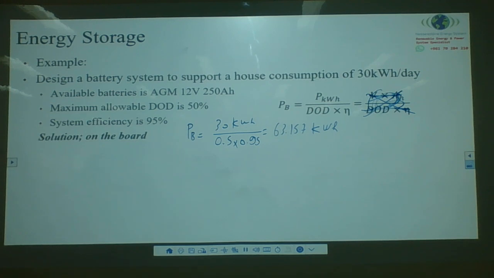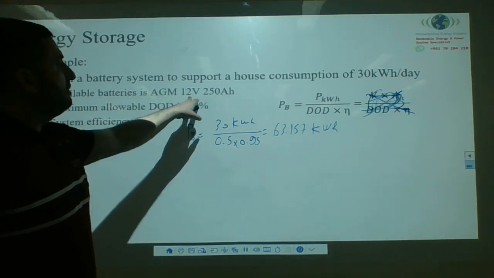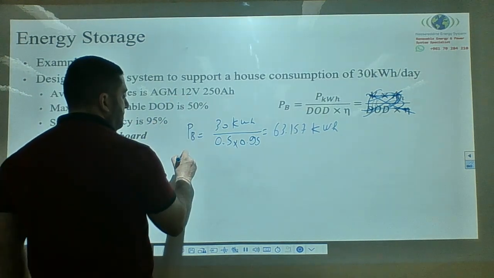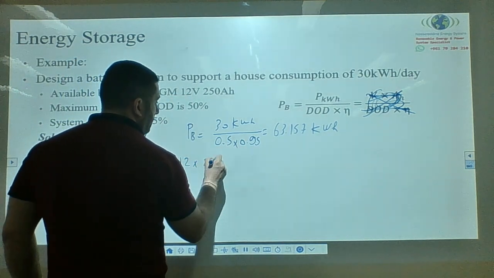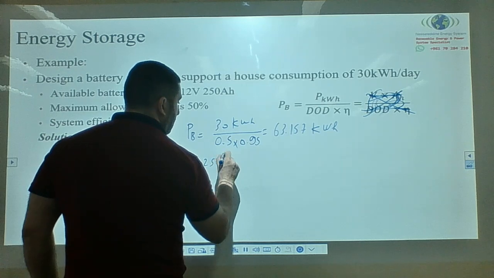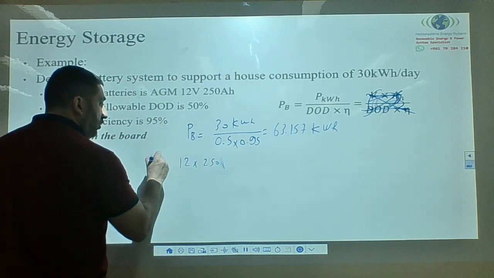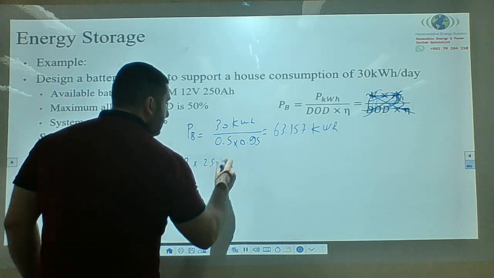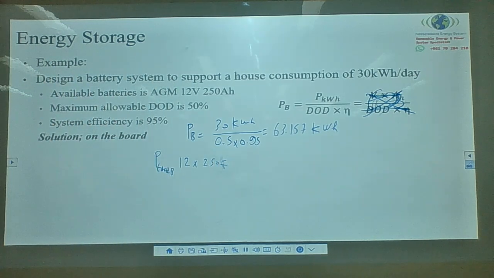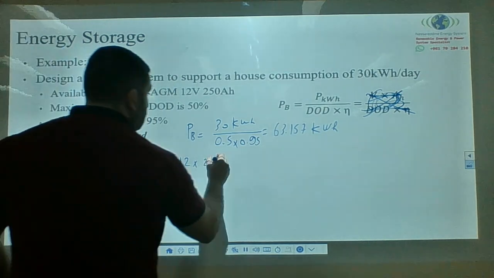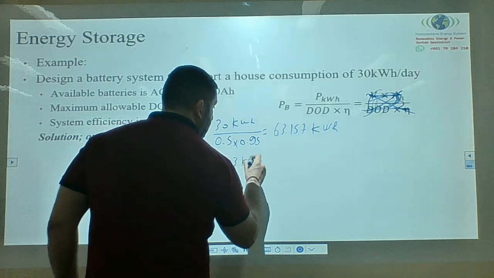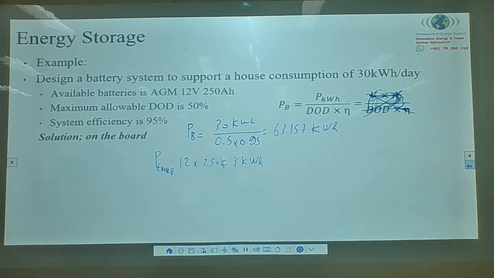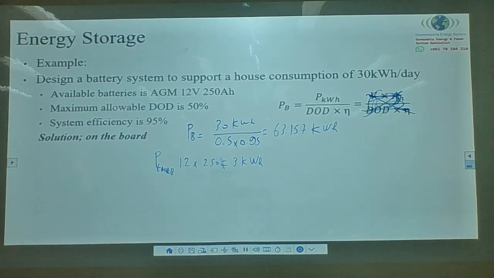Now, I have available batteries. Each battery, guys, is 12 times 250. The power of each battery, P of each battery, is equal to 3,000 watt-hour, 3 kilowatt hours. So how many batteries do I need?